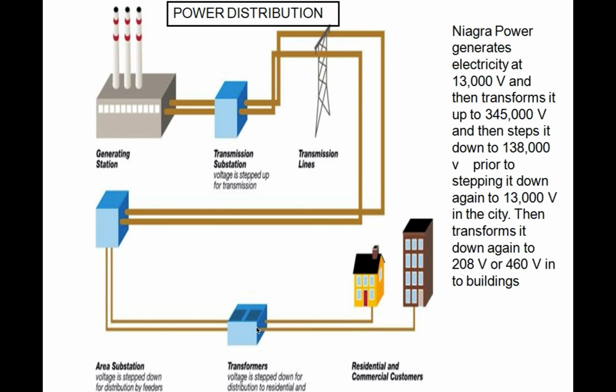So here is a typical power distribution plan where you see the 13,000 volts that are generated. It goes to a transformer.